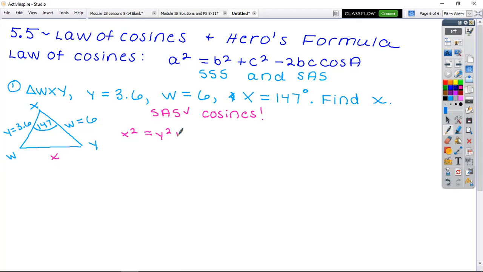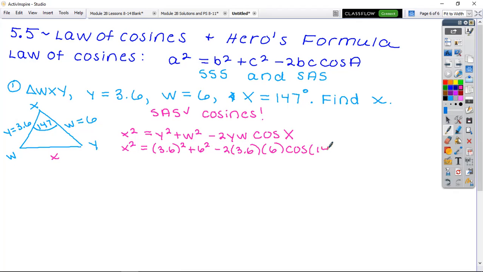So how about y squared plus w squared minus 2 times y times w times the cosine of whatever letters on the left-hand side, which was x. All you do is sub in. So I have x squared equal to 3.6 squared plus 6 squared minus 2 times 3.6 times 6 times cos of 147.